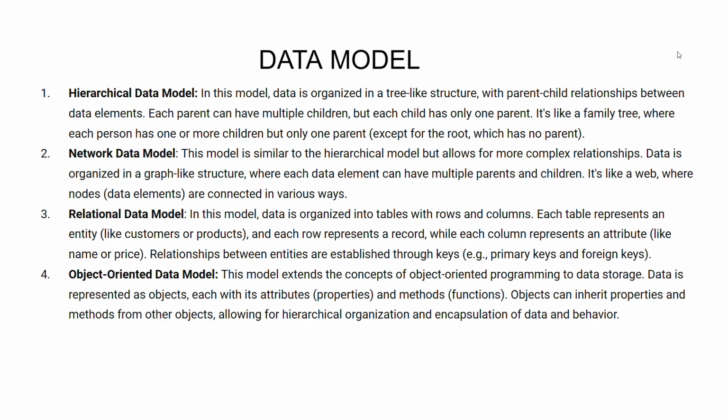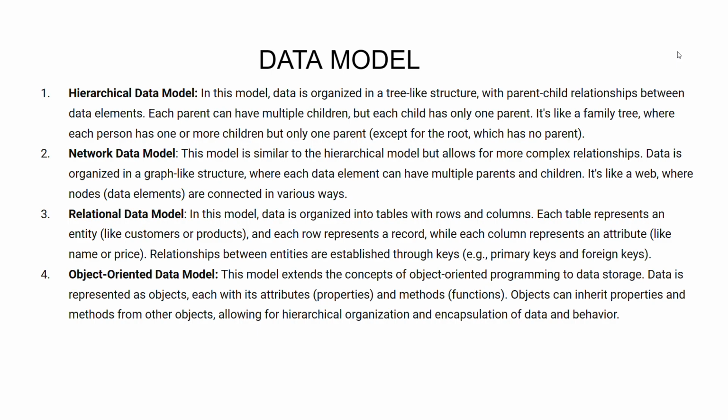The data model is how exactly the data is stored in the database. There are four types of data model: hierarchical data model, network data model, relational data model, and object-oriented data model. First of all, the hierarchical data model is a kind of parent-child relationship.